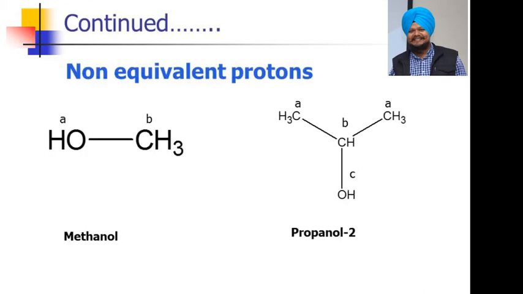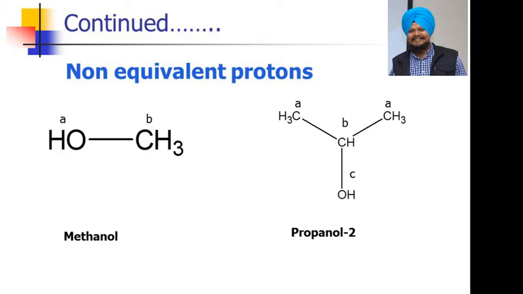Next we will do non-equivalent protons. In methanol, the neighborhood of the OH hydrogen and the neighborhood of the CH3 hydrogens are different, therefore in methanol there will be two peaks. That means the peaks in NMR depend upon the number of equivalent and non-equivalent protons.